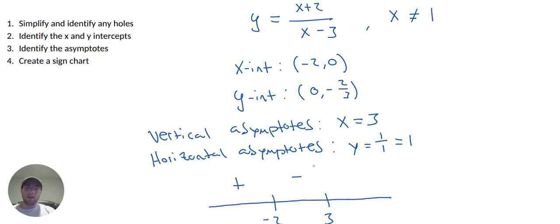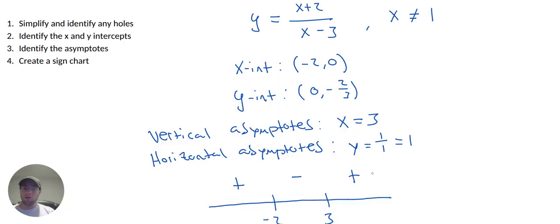And if we plug in a positive 4, we get 4 plus 2, which is 6, and 4 minus 3, which is 1. So we have a positive over a positive, which gives us a positive here. Alright, awesome. So we found our sign chart.